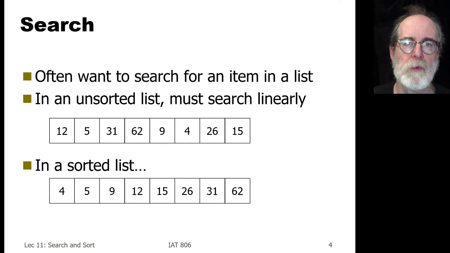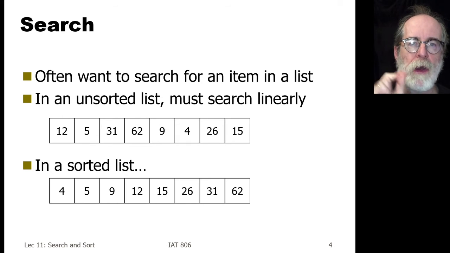So you need to simply investigate every item from first to last. If you have a million items, that means you have to do a million investigations of each item as you move along the array, and that's not very efficient in terms of time. It consumes a lot of time.